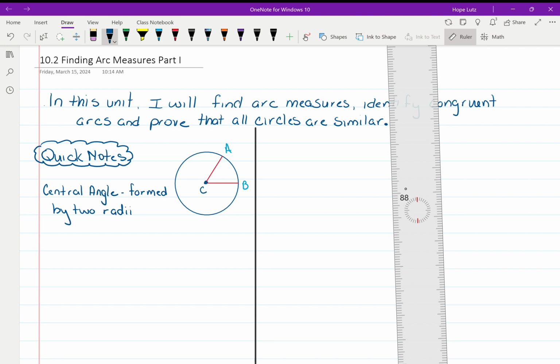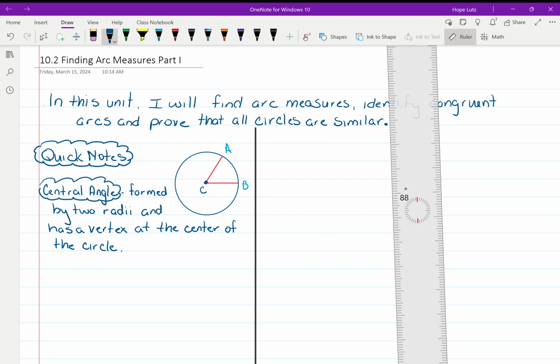So that's two radiuses. And has a vertex at the center of the circle. So that's the first word, central angle.